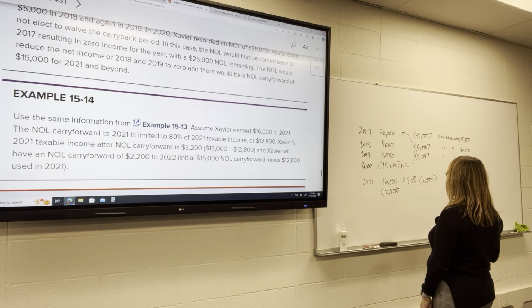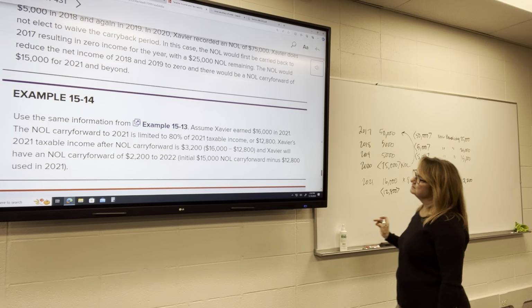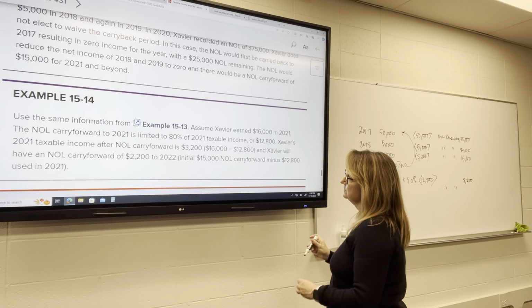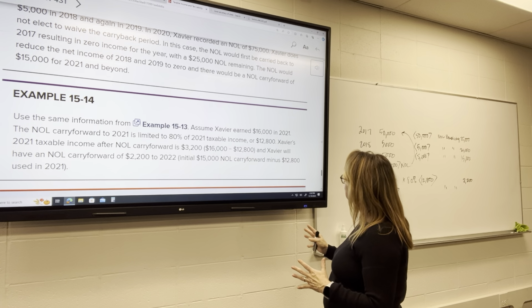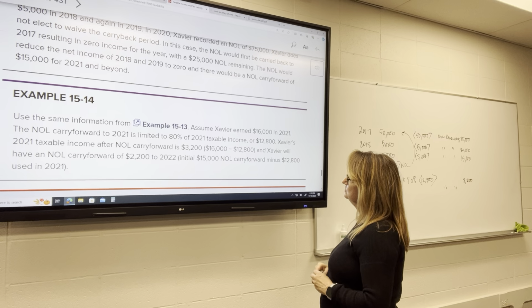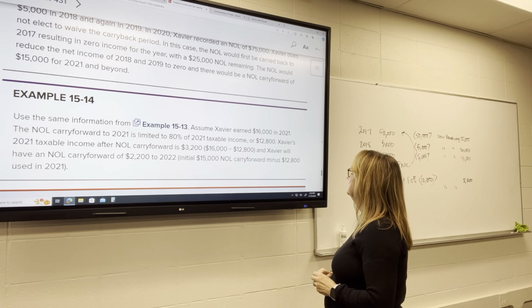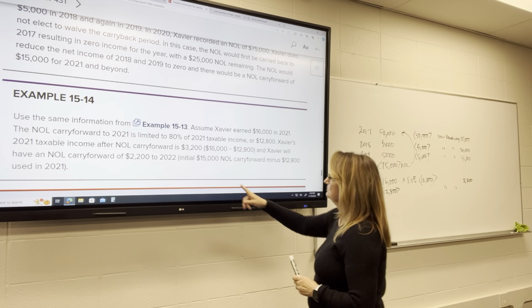Oh, 16. What? Wait. All right, so their income is 16,000 in 2021. Carry forward is limited to 80% of 2021 taxable income, 12,800. Their 2021 income, this is wrong.